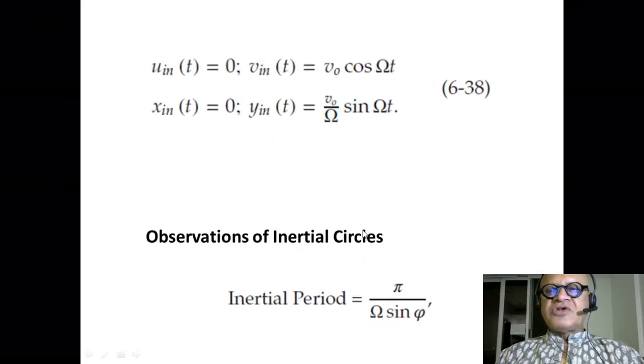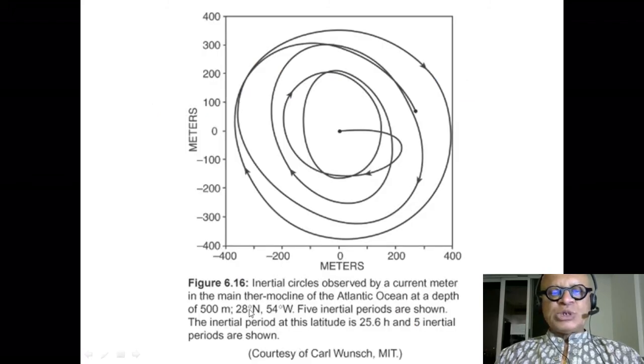An inertial period is calculated using this formula for that latitude of 28 north. Only the latitude matters. Longitude doesn't matter for Coriolis. And the inertial period here turns out to be 25.6 hours. So it's longer than a day.